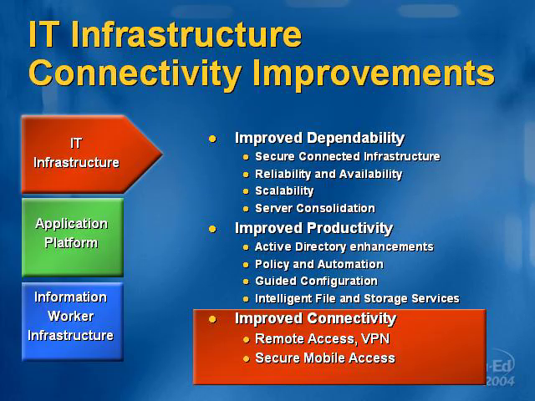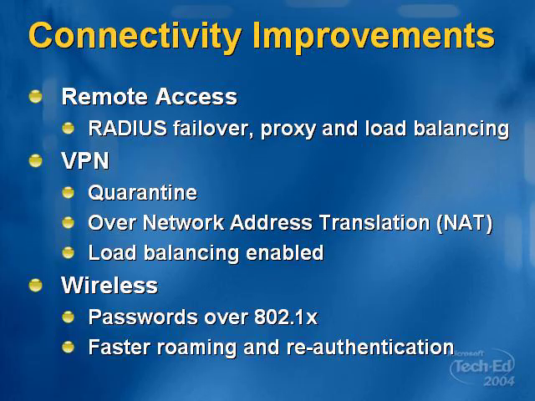Okay, moving on to connectivity. Roll up your sleeves because it's going to get a little bit hot. This stuff is pretty intense. And again, I'm going to catch up in my notes so that I can keep pace with some of these architecture discussions. There have been a variety of connectivity improvements, including but not limited to remote access via RADIUS failover, proxy and load balancing, a number of VPN improvements, and we're going to spend several slides discussing those.